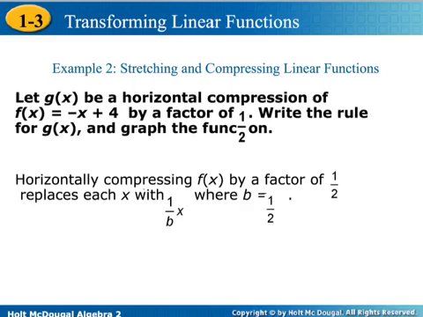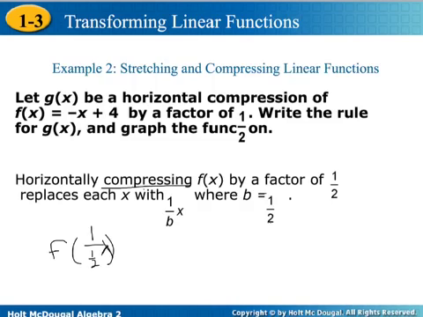Okay, so we have to carefully read compression here. We're compressing horizontally by a factor of 1/2, which means we're really going to get f of 1 over 1/2 x. We're not just multiplying by the input now, we are compressing.